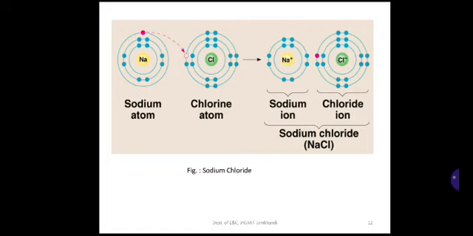Since the ions have closed shell configuration of the inert atoms Ne and Ar, there are no loosely bound electrons to participate in the current flow. As a result, NaCl is not a good conductor. As you can see in the figure, the outermost orbit is completely filled, so there is no movement of electrons.